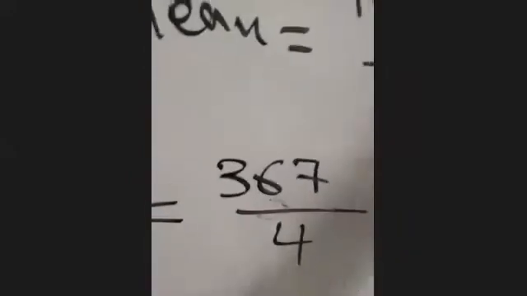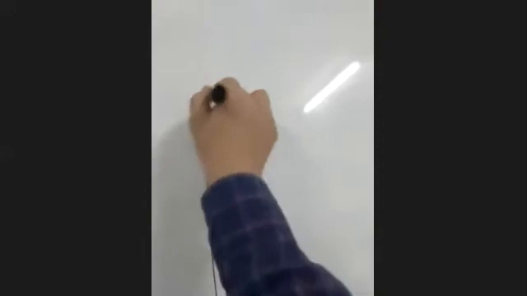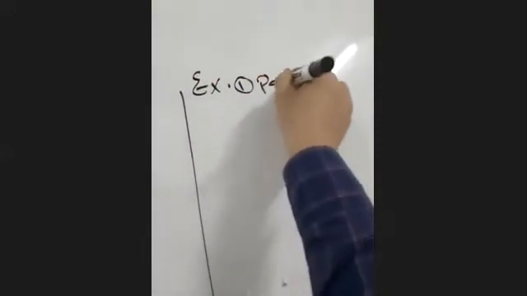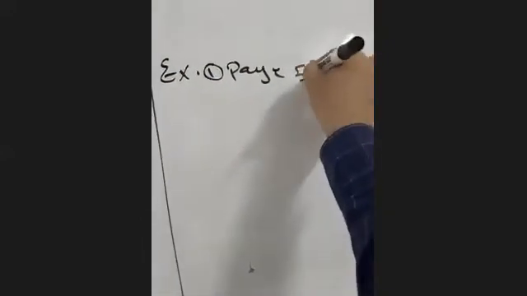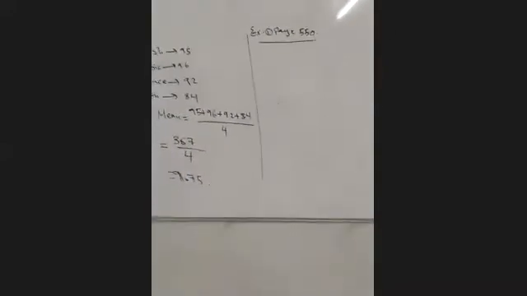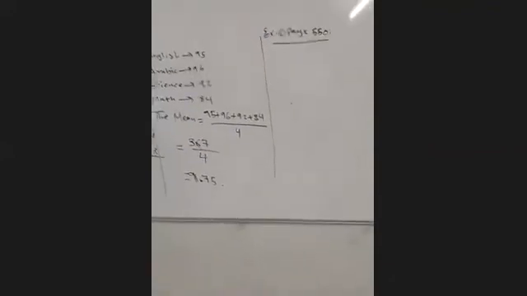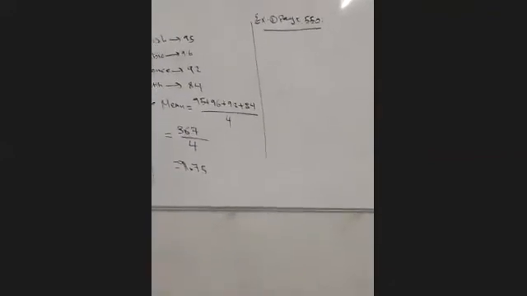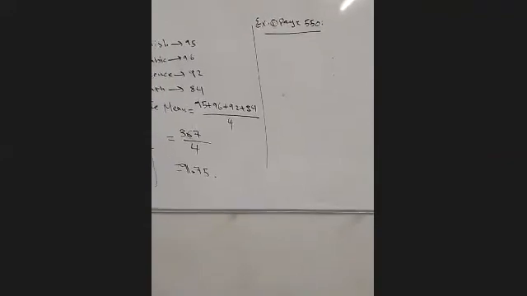Now, let's go to example 1 together, guys. Example 1, page 550, with Rayyan. Read, Rayyan. The table shows the recorded high temperatures in degrees Fahrenheit for 6 days in Little Rock, Arkansas.